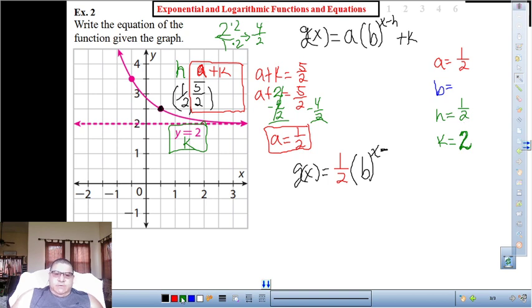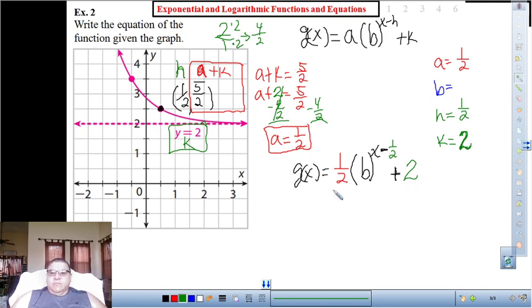I'm going to use green so you guys can see it. 1/2 plus, and what was k? 2. Does everyone see where I got all these values? Yeah. A is right there, it goes right there. H is right there, it goes right there. And k is 2, and there it is. All right, so now all we need to do is solve for b.